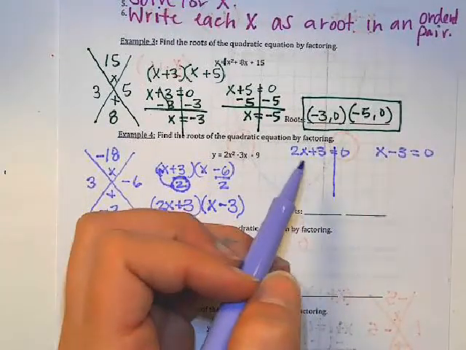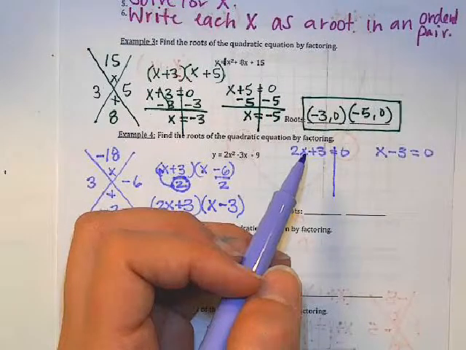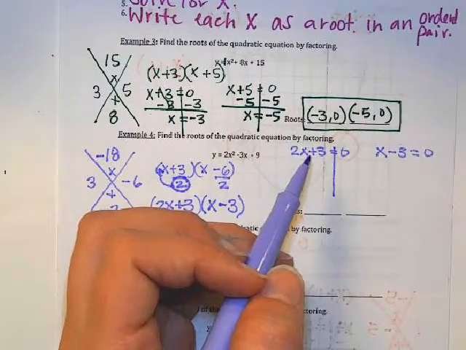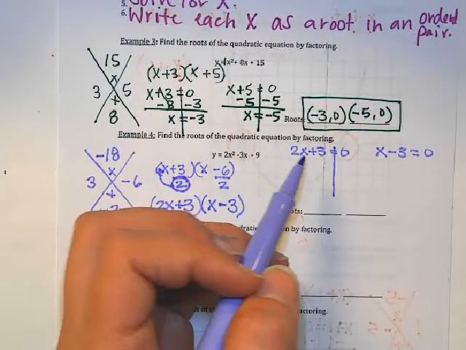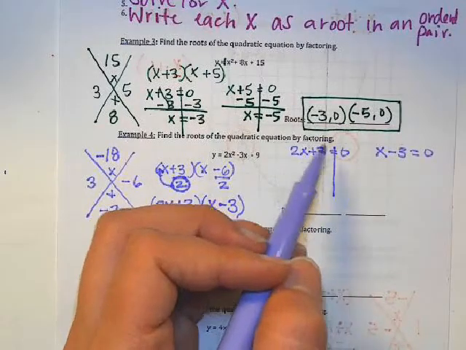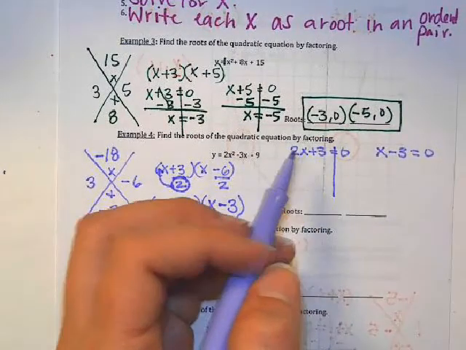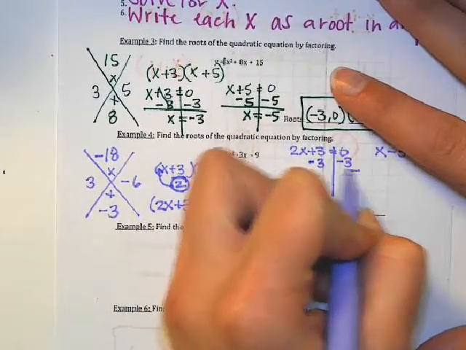So what do I need to move first? The 3. The 2 and the x are being multiplied. We're going to save that for the last thing. We always want to do what's being added or subtracted first. Well, the 3 is being added. So the opposite of a positive 3 is -3 on each side.